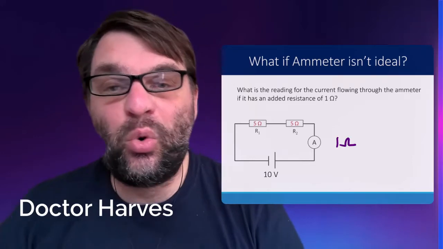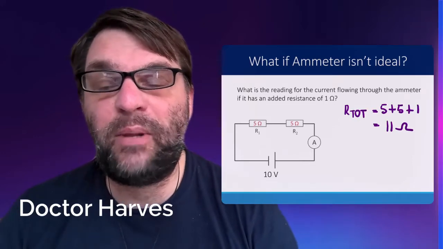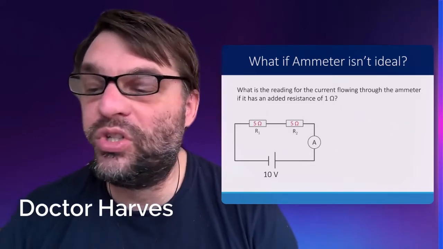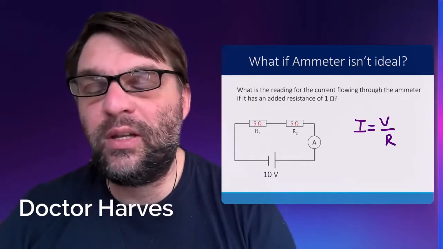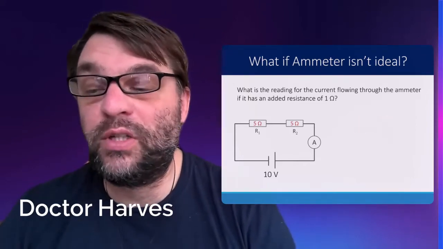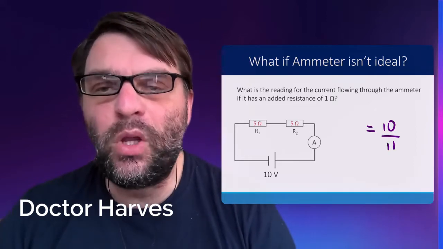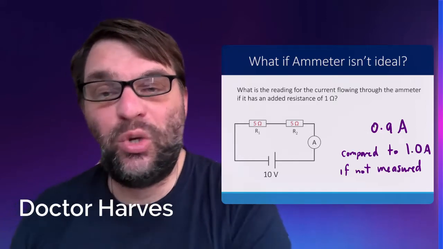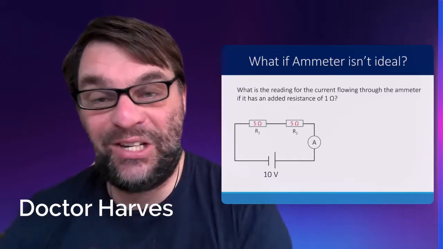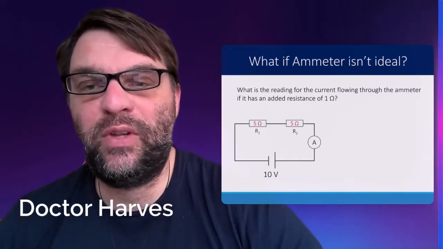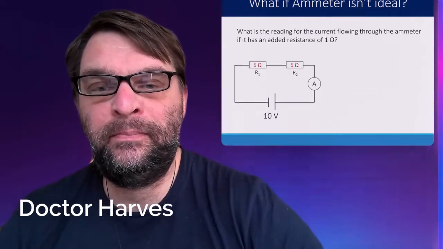So the total resistance in the circuit will now be 5 plus 5 plus 1, which is 11 ohms. Using Ohm's law, rearranged, the current will be total voltage over resistance, or 10 divided by 11, or 0.9 amps. We're reading a lower value for the current than there would be if we hadn't measured it, because of the internal resistance in the ammeter.